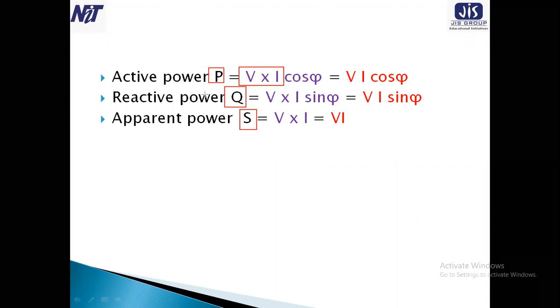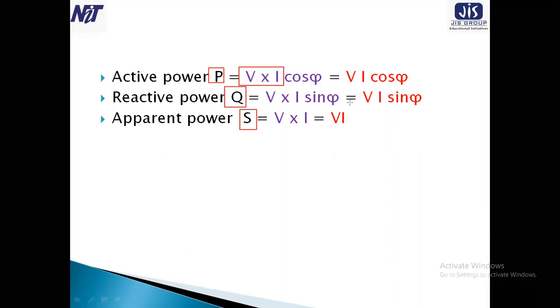The reactive power is the multiplication of V and I and the sine of the angle between voltage and current. So Q equals VI sin phi, and the apparent power S equals only the multiplication of voltage and current.